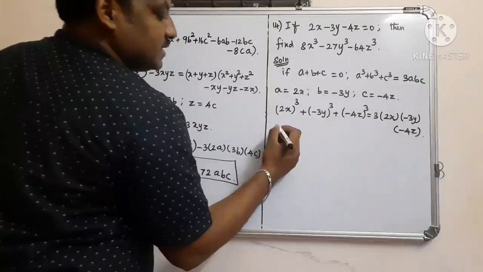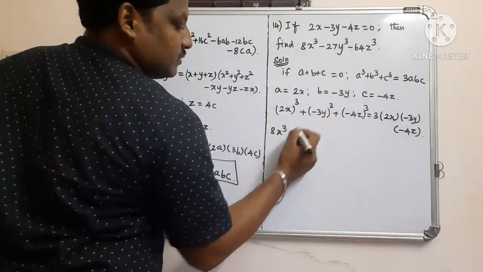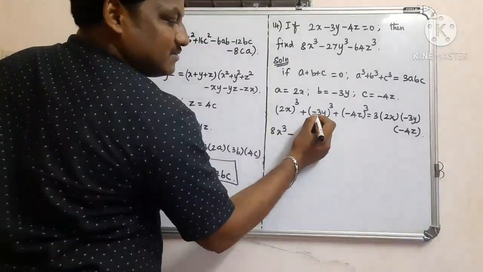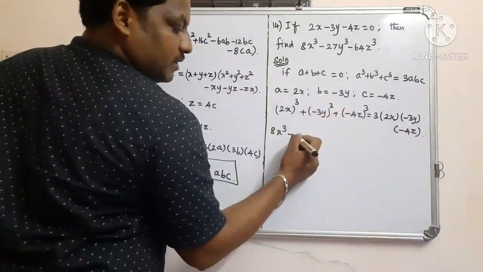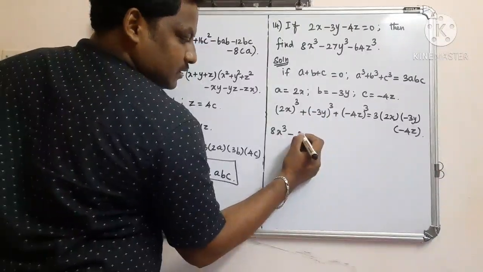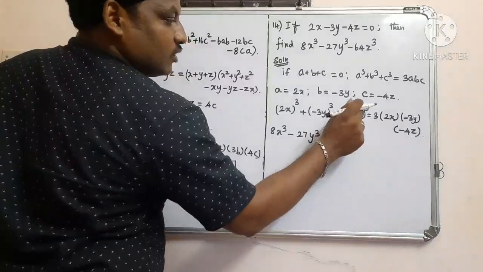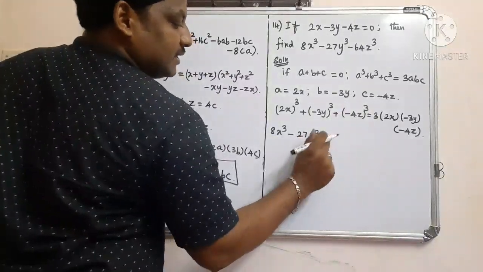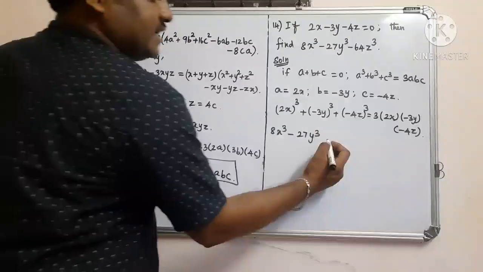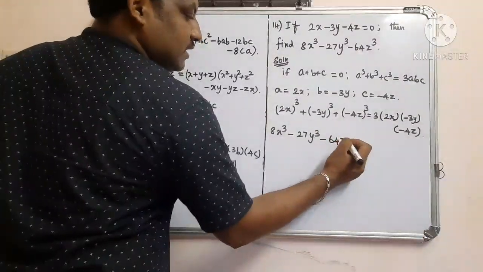So 2 cube is 8x cube. Minus 3 cube is minus 27y cube, and minus 4 cube is minus 64z cube.